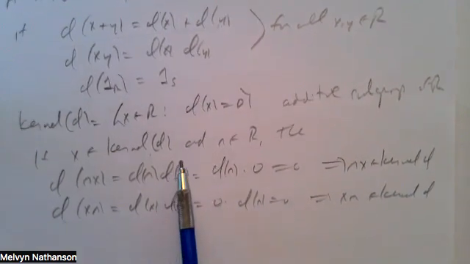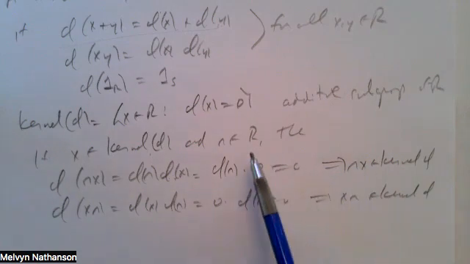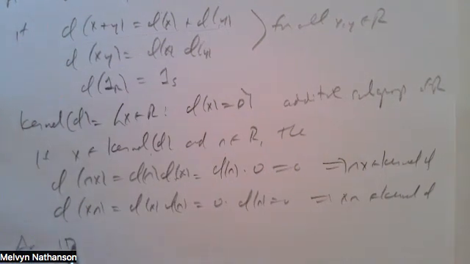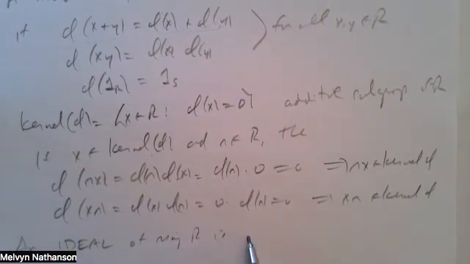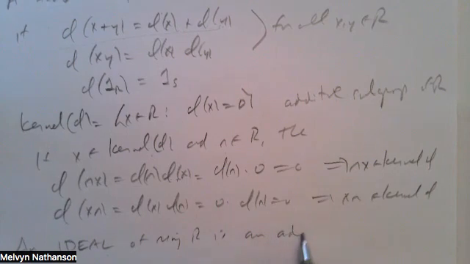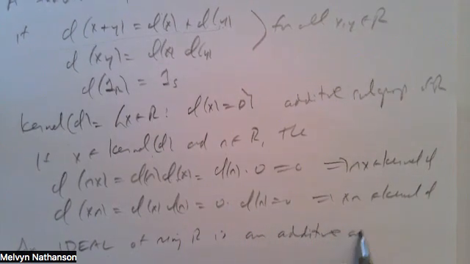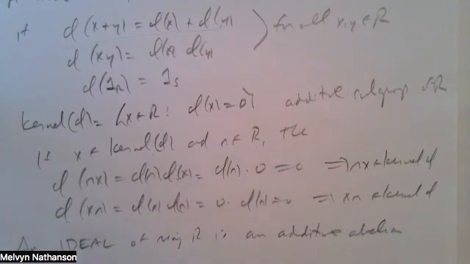So the kernel of a ring homomorphism has the property that if you multiply it on the left or the right by any ring element, the resulting product is still an element of the kernel. And a subset of a ring with this property is called an ideal. So an ideal of a ring R is an additive abelian subgroup.